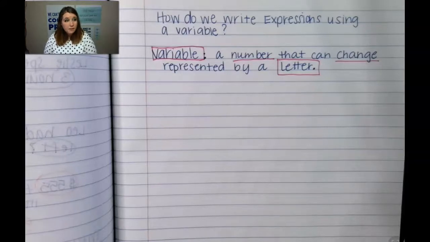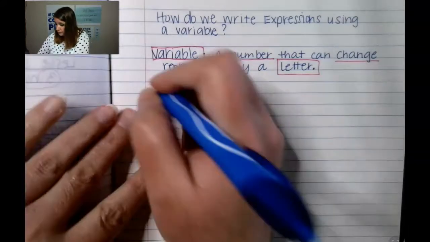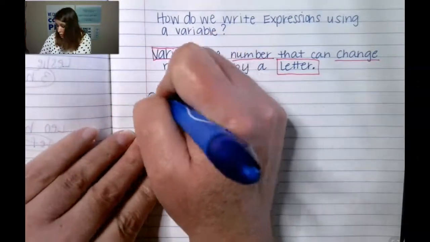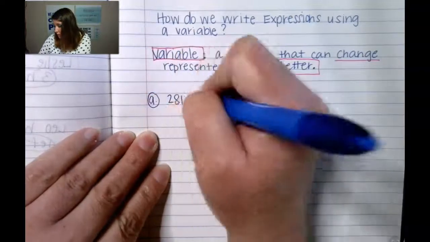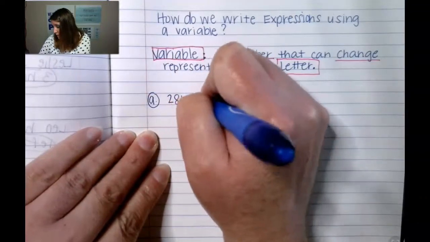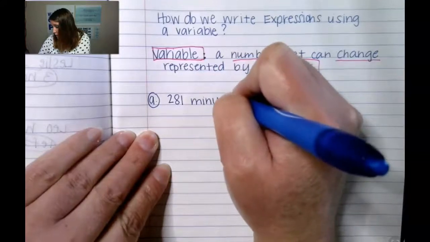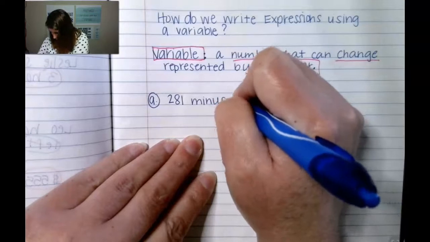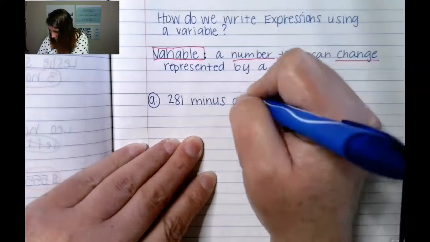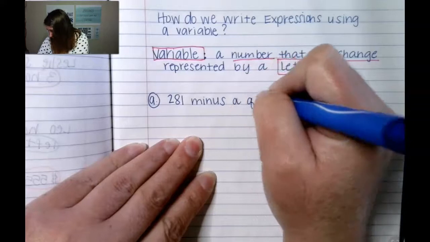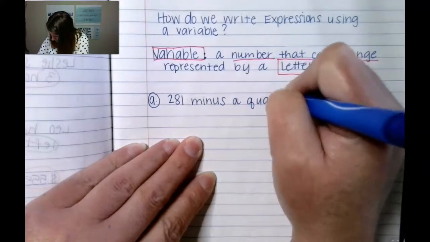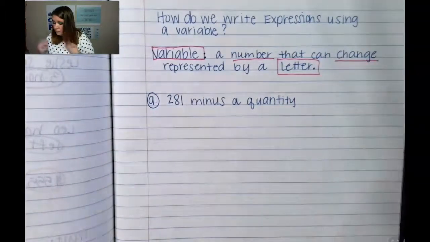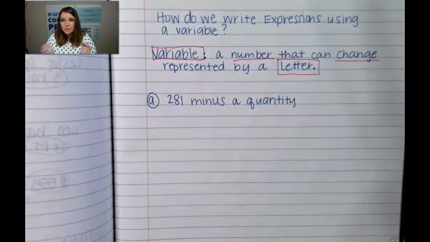So let's do an example. Okay, example A. We have 281 minus a quantity. Okay, minus a quantity.